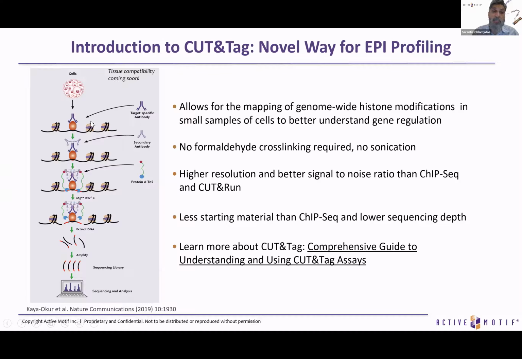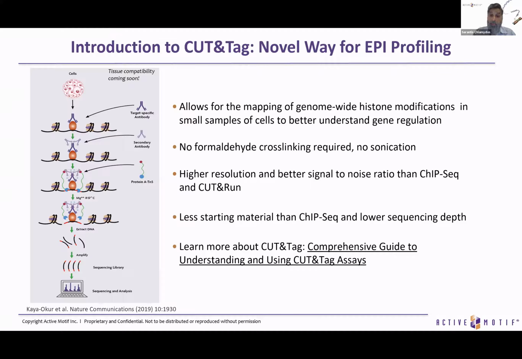You use a specific antibody to target the protein of interest, a secondary antibody, and then a protein A fused to Tn5 that also carries the sequencing adapters. By activating the transposase, you integrate the sequencing adapters at the region where the antibody is located. It's a non-formaldehyde cross-link protocol.